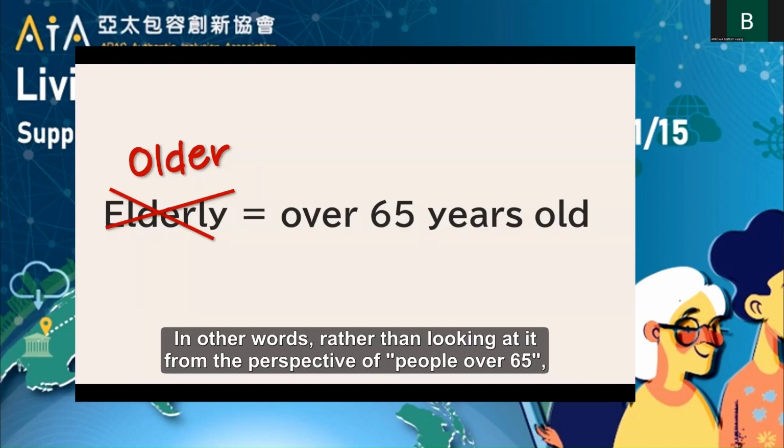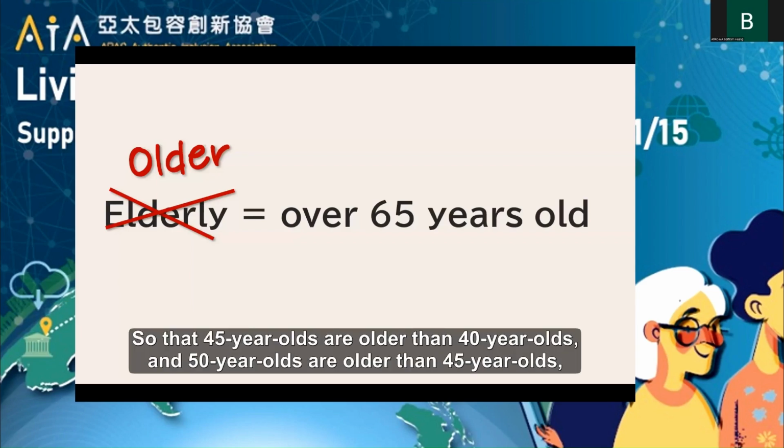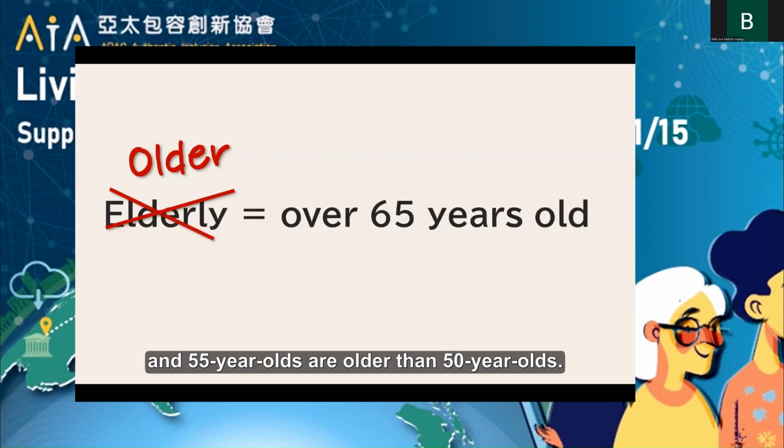In other words, rather than looking at it from the perspective of people over 65, we should be focusing on the fact that as we get older, our various abilities decline, so that 55-year-olds are older than 40-year-olds, and 50-year-olds are older than 45-year-olds, and 55-year-olds are older than 50-year-olds.